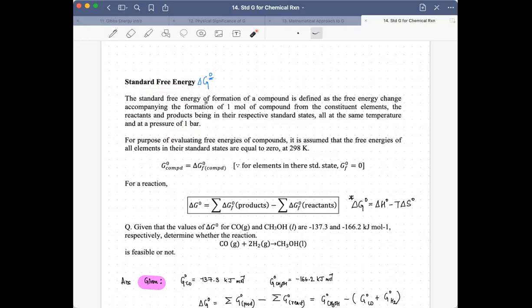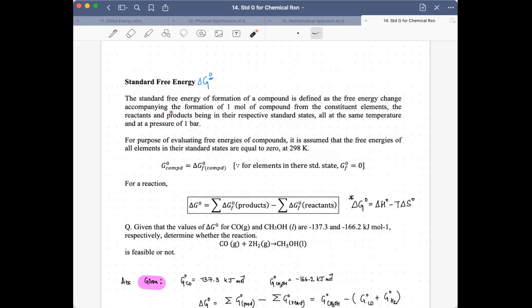So this is the definition for standard Gibbs energy for a compound. When we talk about the formation of a compound from its constituent elements, provided the reactants and the products are in their respective standard state and at 1 bar pressure, whatever delta G value you obtain corresponds to the standard free energy.